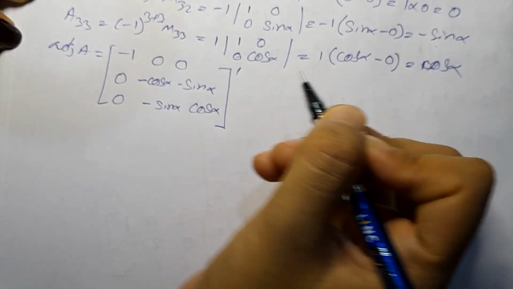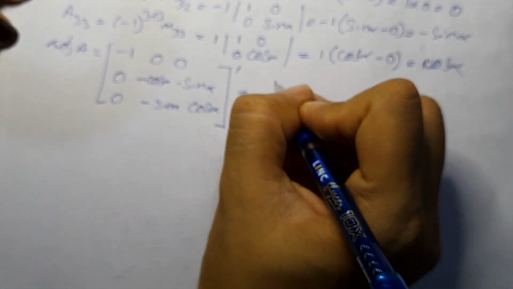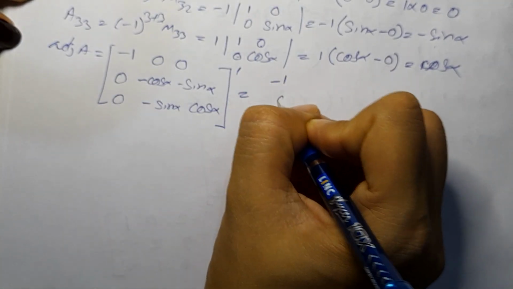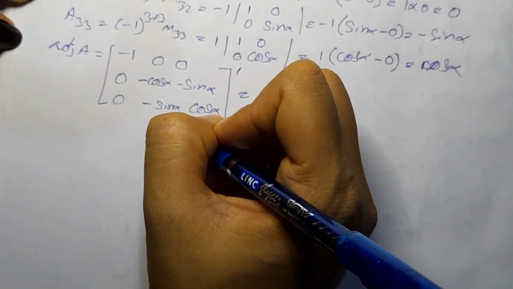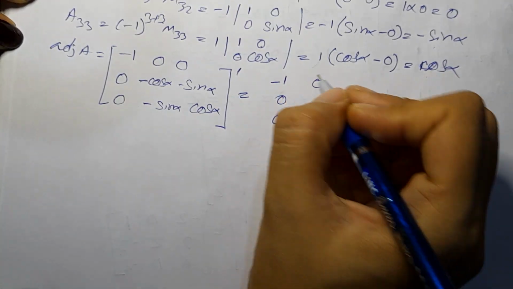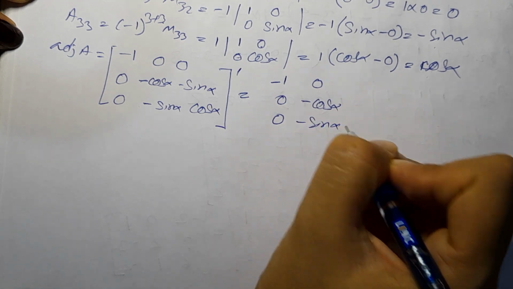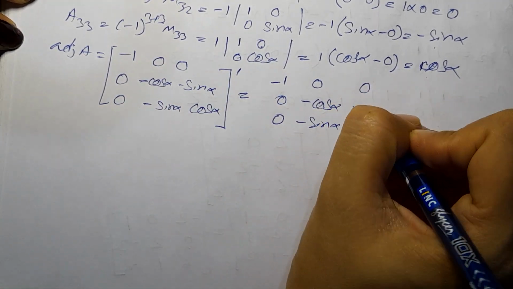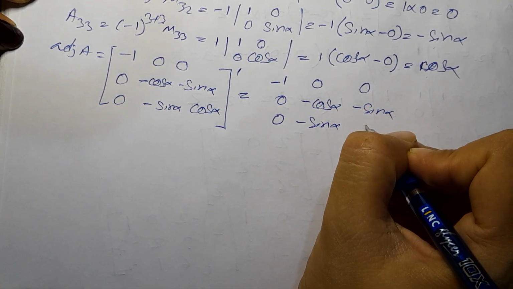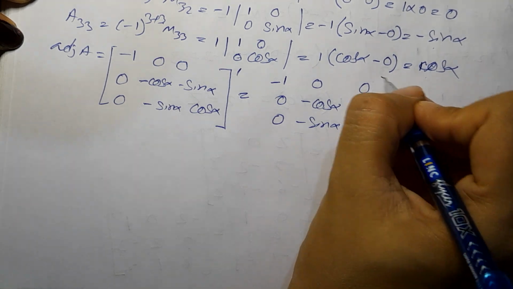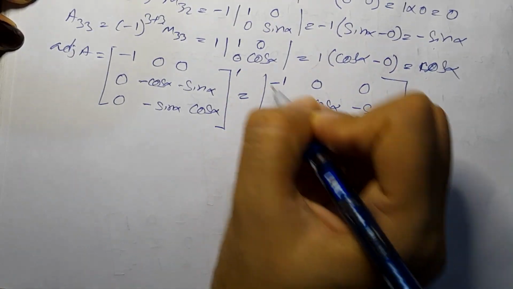So transpose: now the row will become column. So this is the adjoint.